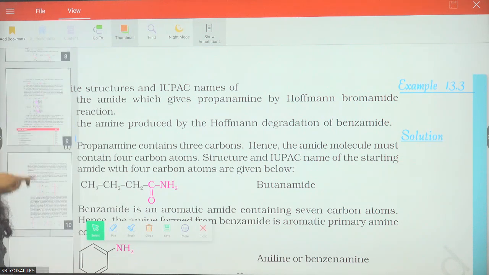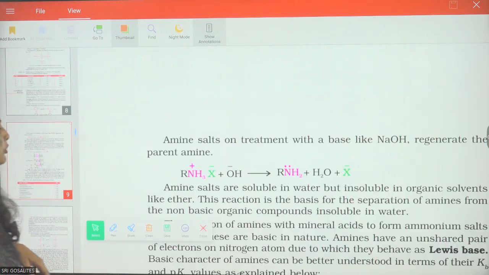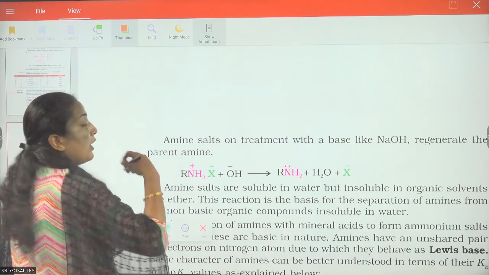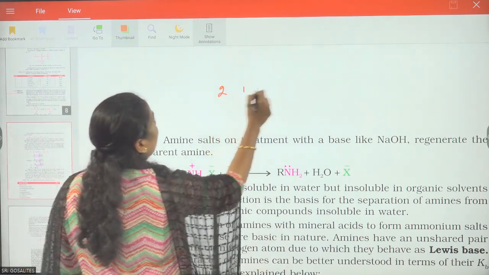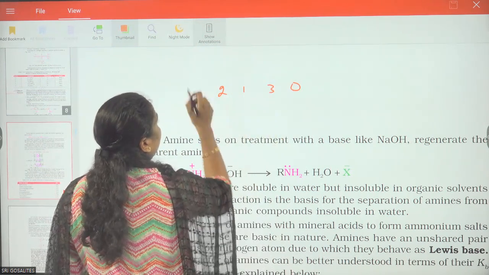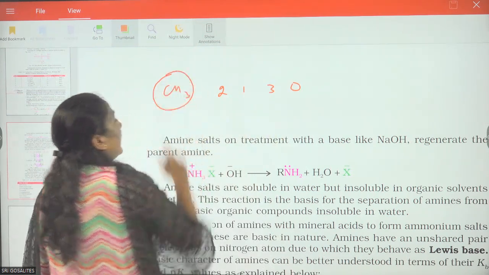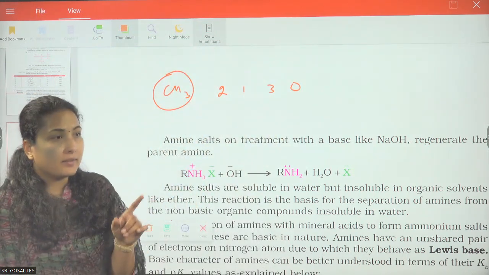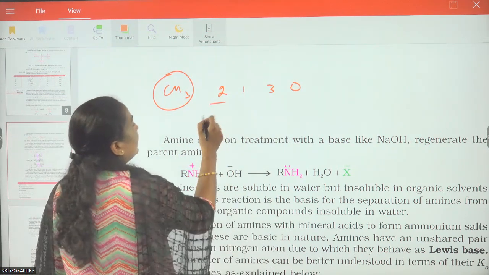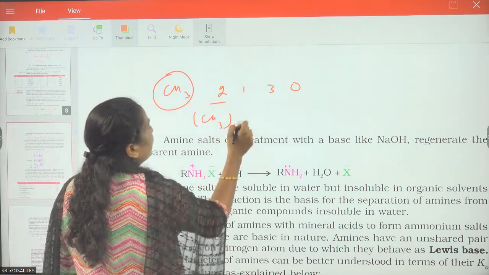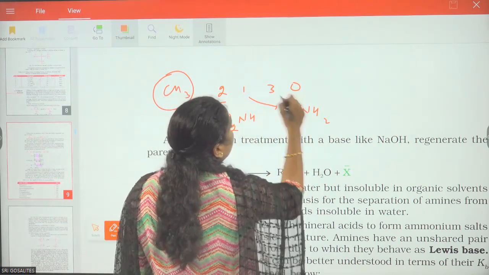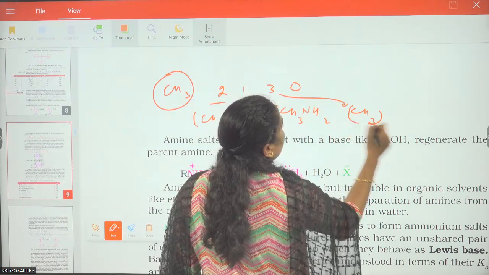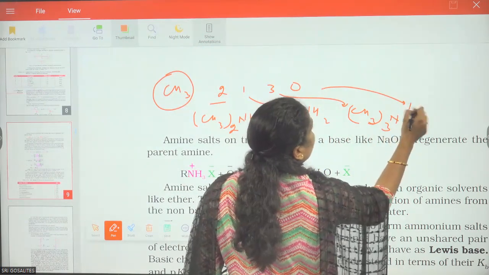Now again, basic strength is important. For basic strength, do remember how easily it is able to give the lone pair of electrons. So 2°>3°>1°>NH3, this is in the aqueous phase, and this is for methyl. If R is methyl, then 2 degree, like (CH3)2NH, then CH3NH2, then (CH3)3N, and then ammonia.